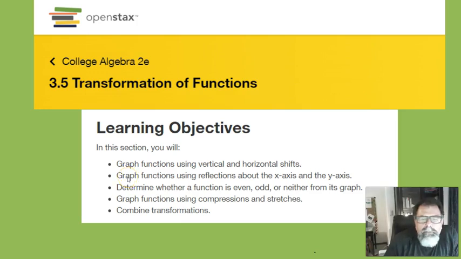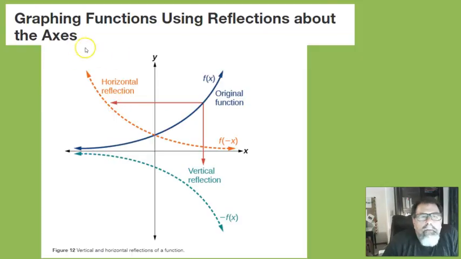Learning objective 2, graph functions using reflections about the x-axis and the y-axis. Graphing functions using reflections about the axis. Okay, so here's the original function, this blue one, the solid one. This curve looks like an exponential function, which we'll learn about later.